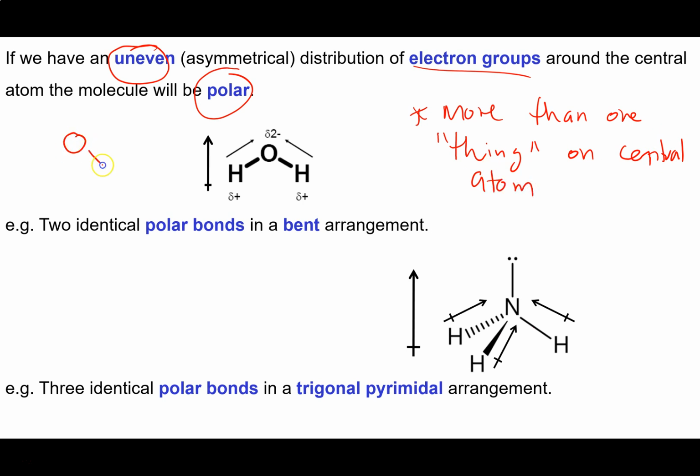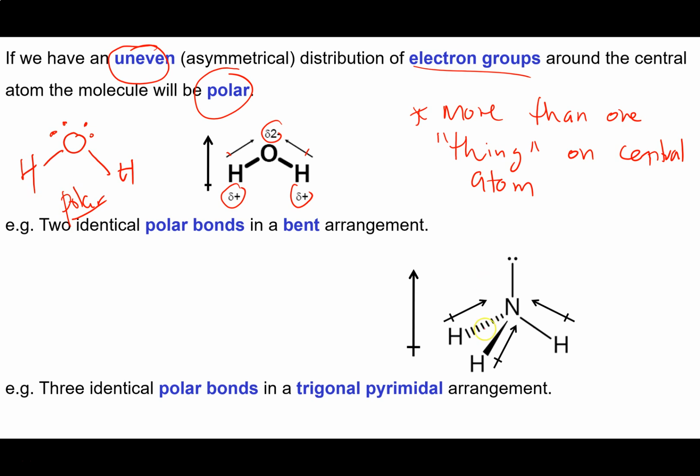So for water, it has 2 identical singly bound hydrogens on the central atom, but it also has 2 lone pairs. So I don't necessarily need to think about where the charges are or to use polar arrows. Just the fact that I've got these 2 different things on my central oxygen atom automatically makes that polar. I can decide that on the basis of the Lewis diagram.